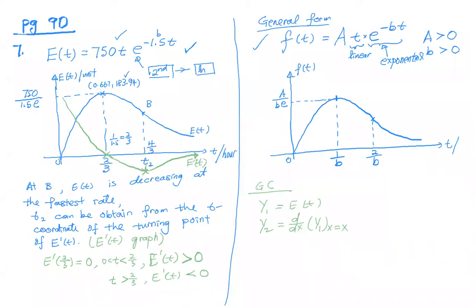So this applies to all graphs of this form. No other form, don't simply put. And this one, it will be 2a over b e squared.